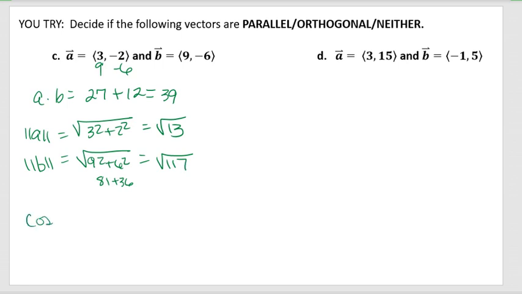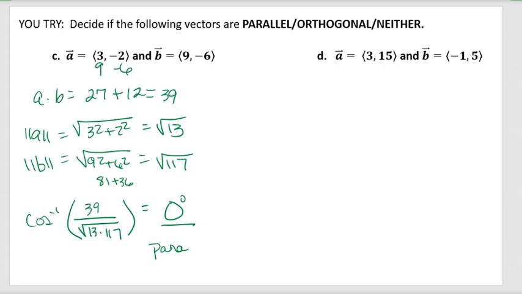So we have cosine inverse of 39 over one big square root, 13 times 117. I didn't write them as individual square roots, but they can be. Second cosine of 39 divided by second root of 13 times 117, enter. This is 0 degrees, which means parallel, not orthogonal.